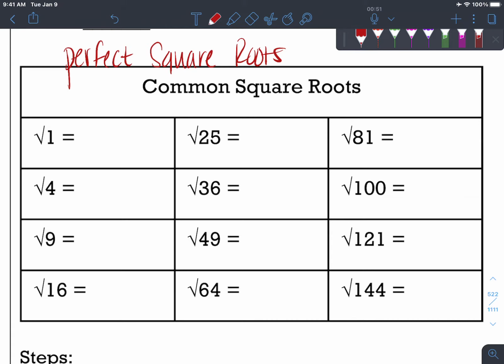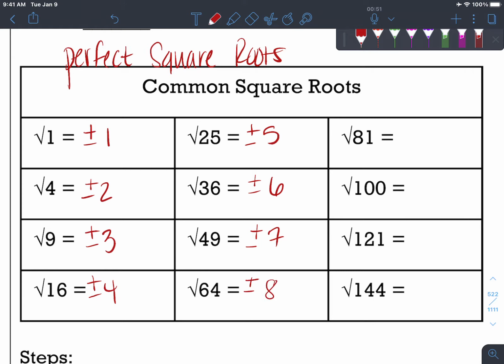So, I usually work these in the backwards way. Each one of these is essentially taking what we think of as our counting numbers and multiplying it by itself.